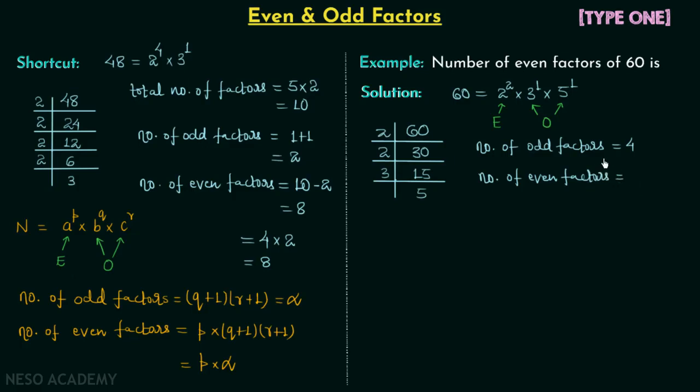This will be equal to 2 multiplied by 4, giving us 8. 2 is the power of the even prime factor and 4 is the total number of odd factors, and to find the number of even factors, we need to multiply them. So this is it for the example problem.